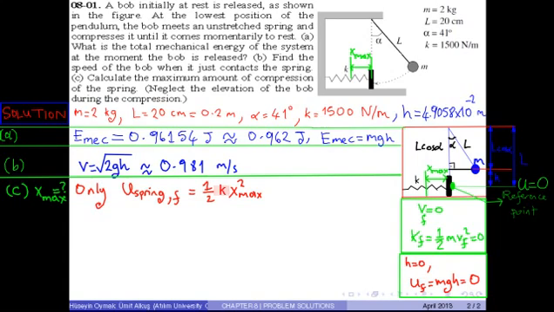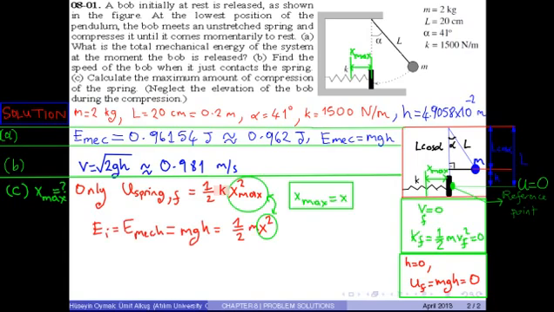As a conclusion, the law of conservation of total energy gives total mechanical energy, that is m times g times h, equals 1/2 times k times x squared, which is the final mechanical energy of the system. Here x equals square root of 2 times m times g times h over k.